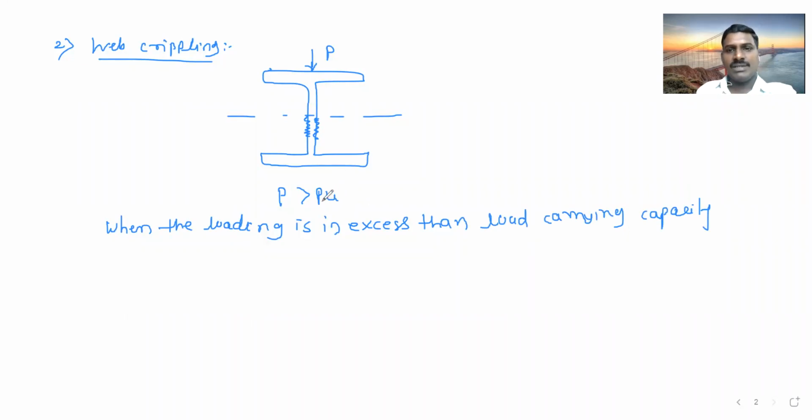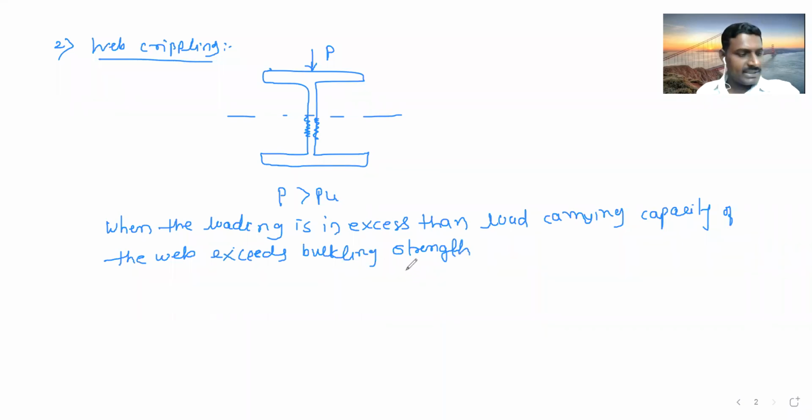Pu is the load carrying capacity, and the excess load is P. So P is in excess of the load carrying capacity of the web, and it exceeds the buckling strength. Whatever the buckling strength of the web is, that is exceeded, and due to this, the buckling strength is exceeded, causing crippling of the web.